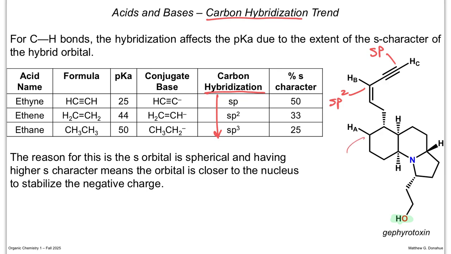This last H here, I've just indicated one, it's sp3 hybridized carbon, but if you look at all of the carbons that are sp3 hybridized, we have 1, 2, 3, 4, 5, 6, 7, 8, 9, 10, 11, 12, 13, 14, 15.